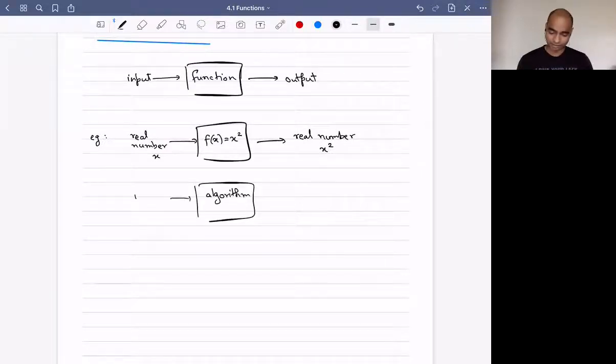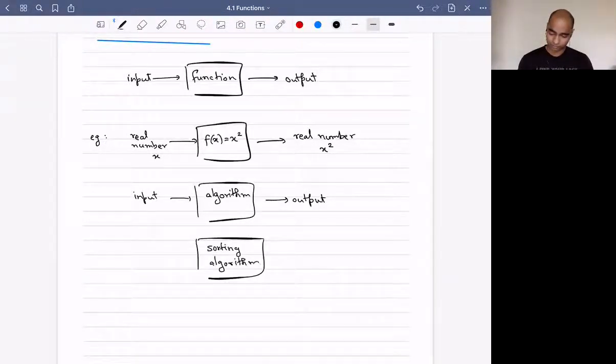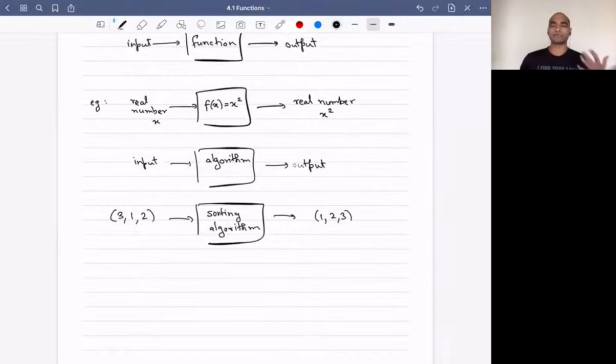And an algorithm can take in some input and produce some output. So a more concrete example could be a sorting algorithm. And it can take in as input, say, for example, an unsorted string like 312 and sort it and produce 123.